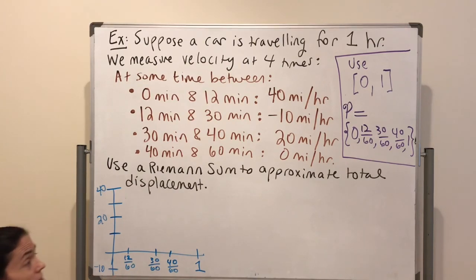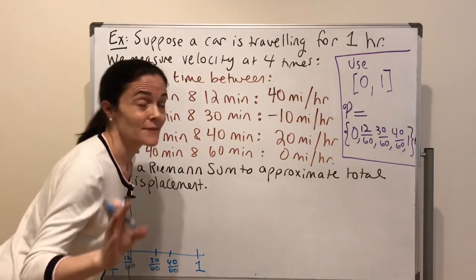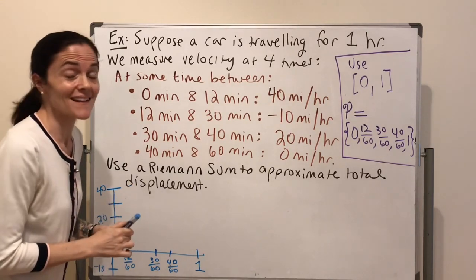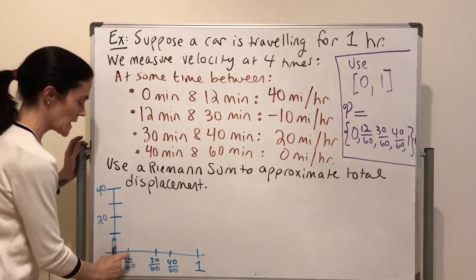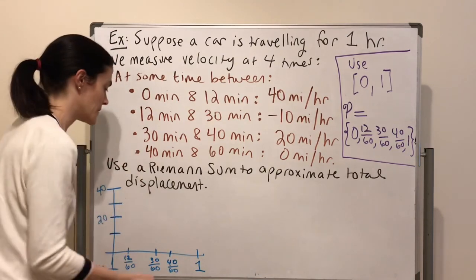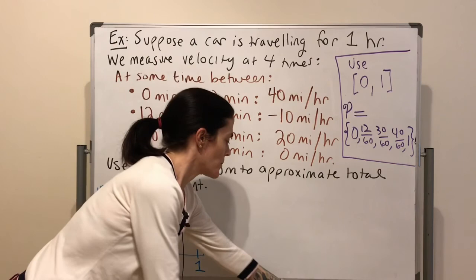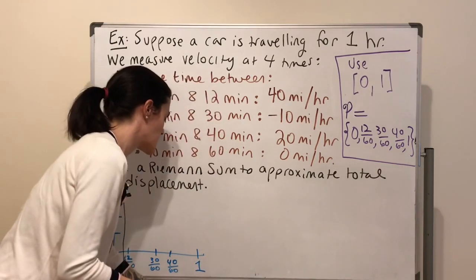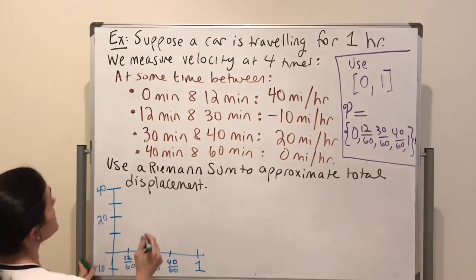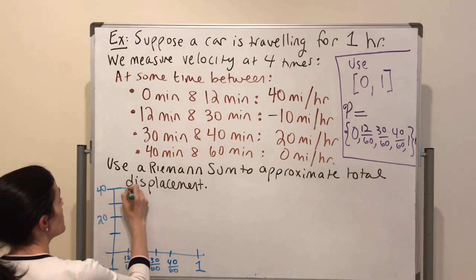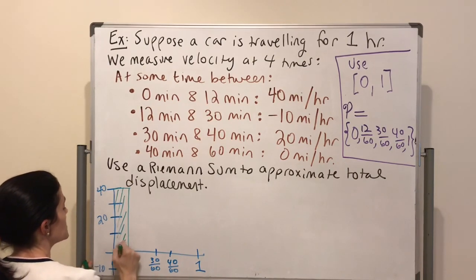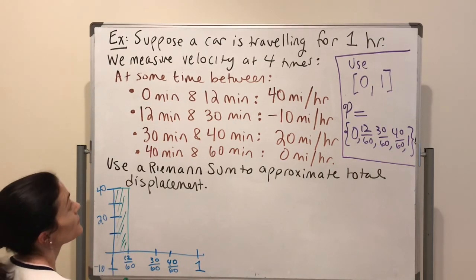So you notice here my delta ti, if you think about these being times, it's not constant like the last example. The lengths of these intervals are not all the same. Okay, so maybe I'll plot the rectangles in green. The first subinterval here, 40 miles per hour from 0 to 12 minutes, okay?